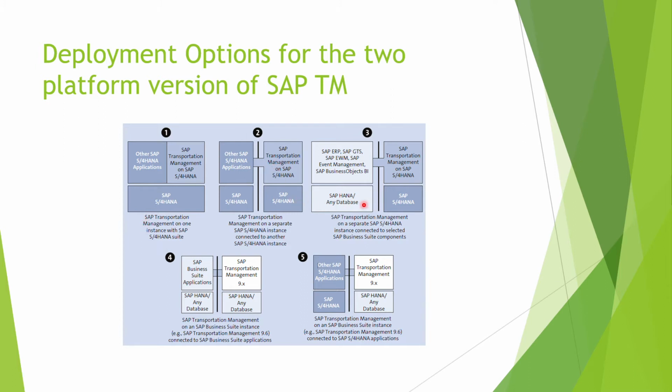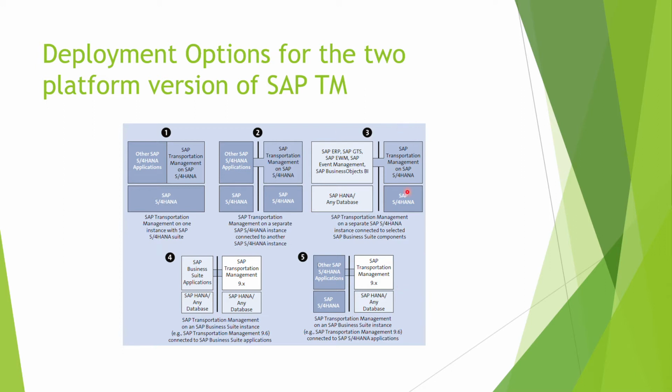Similarly, suppose option number three, where SAP has only done the database upgrade to S4 HANA or any database, and their enterprise central component is still on normal ECC, but they have migrated their transportation management to S4 HANA.